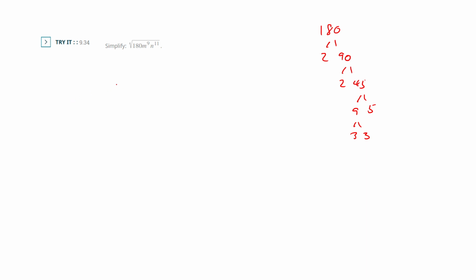Okay, so if I break down 180, I've got 2 times 2 times 3 times 3 times 5. Now, I'm not going to do all those letters because there's so many of them, but they would partner up. So I'm just going to do the numbers here. I can bring out a 2 and a 3, multiply that back together and get a 6.